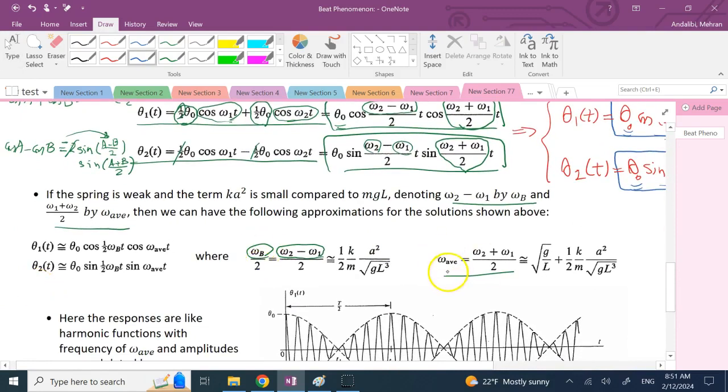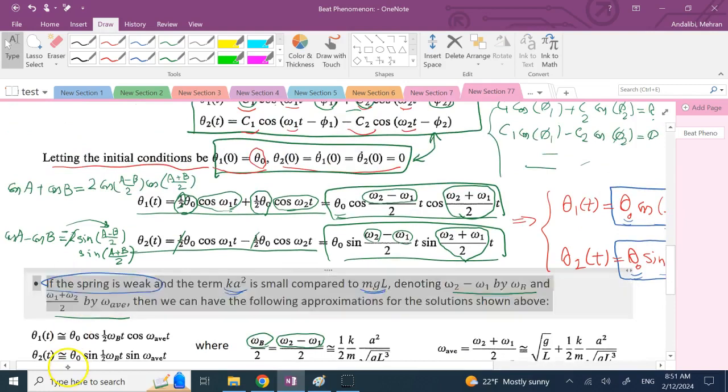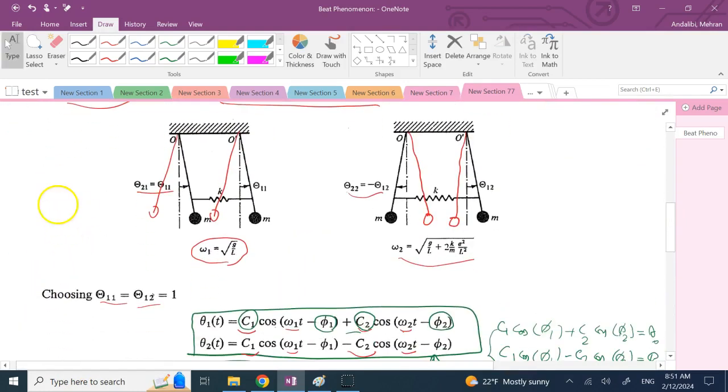Now, what is omega b? What is omega average? Here is the part where we assume the spring is weak, which means k is small, or the term ka squared is much smaller than mg over L. Now you might say, why that? Because we have these two terms in the omega 2, right?